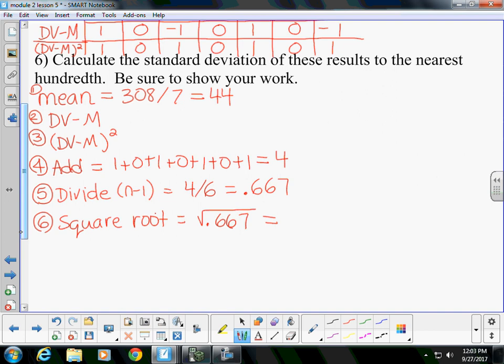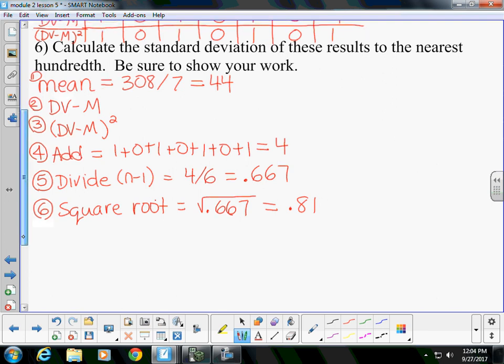Remember, square root is second and x squared. And that's coming out to 0.8, or 0.82 if you want to round it. In this case, that is a very small standard deviation. It's less than 1.